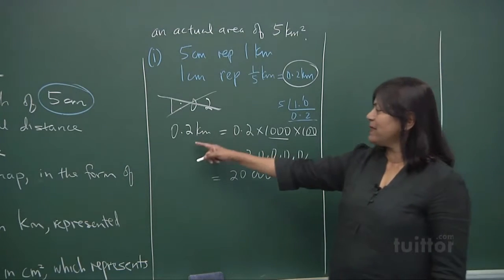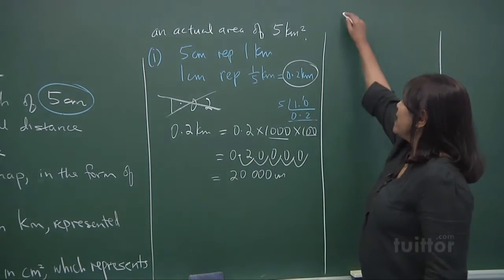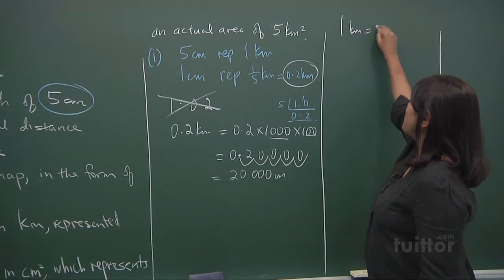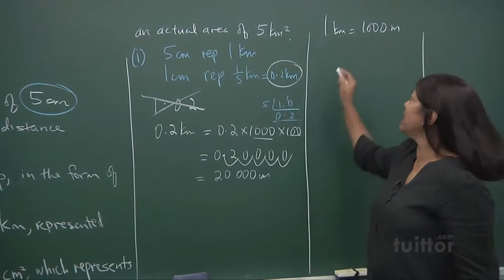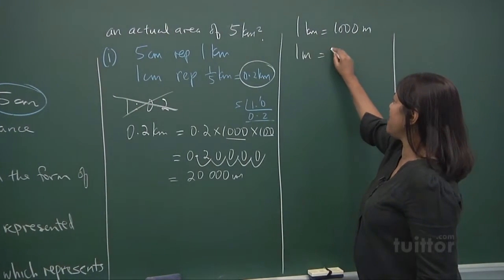Now just to take note, everybody: 1 kilometer is 1,000 meters and 1 meter is 100 cm.